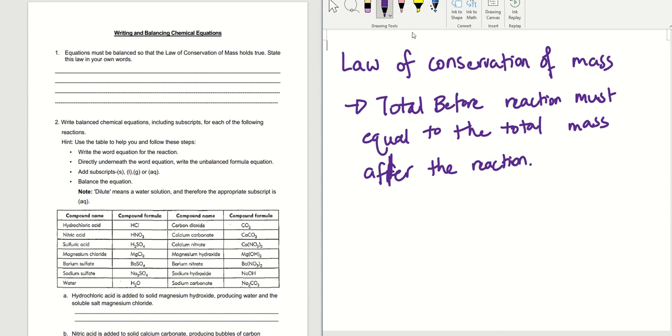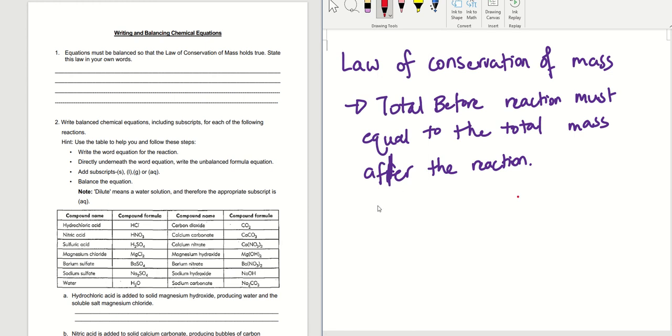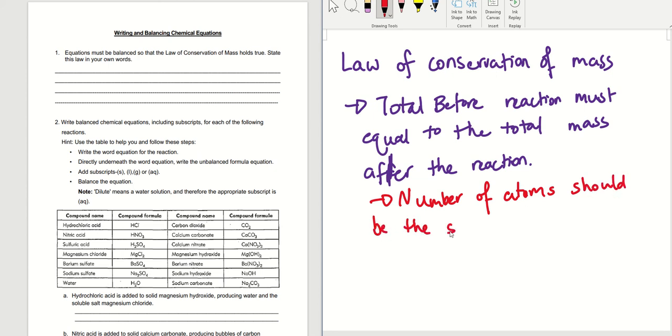What effectively that tells us is the number of particles or the number of atoms should be the same before and after reaction.